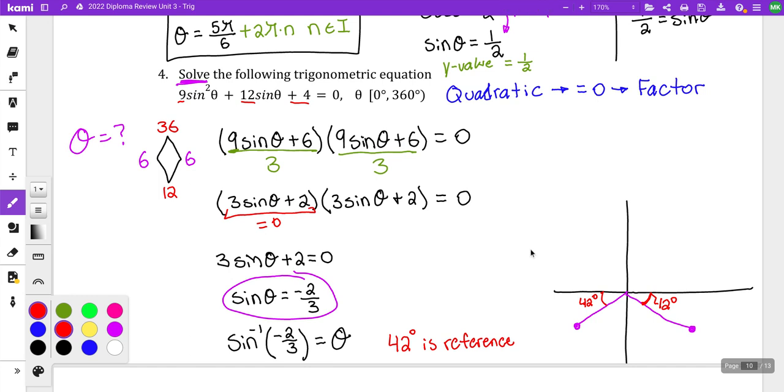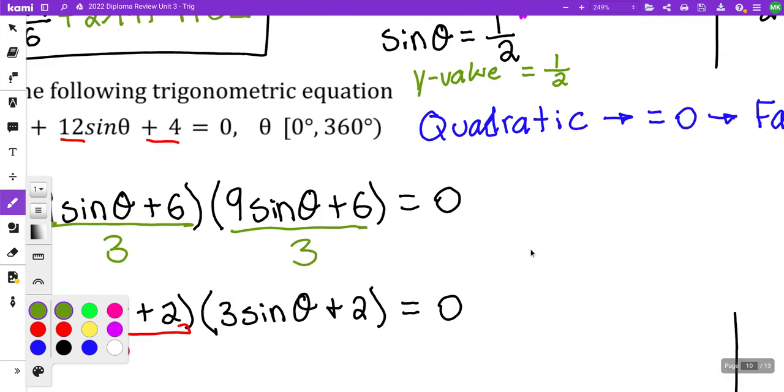We want the standard position angles. The standard position angles start here and go around. Start here and go around again. Those are the two angles we're looking for theta.